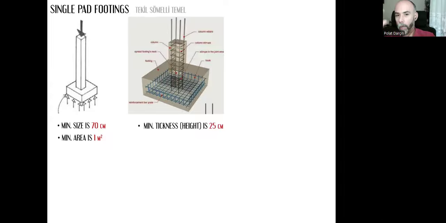We know that there are reinforcement bars, and the minimum thickness, this height of the footing, is 25 centimeters, or it needs to be at least 1/4 of the cantilevered length. The cantilevered length is this length in either direction, between the side of the footing and the side of the column.